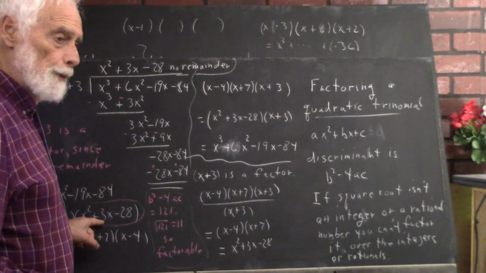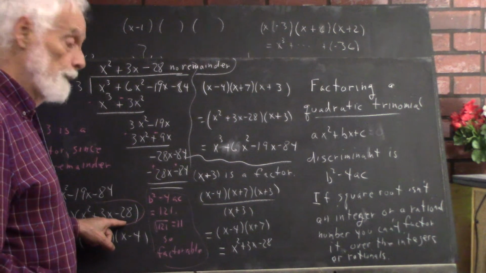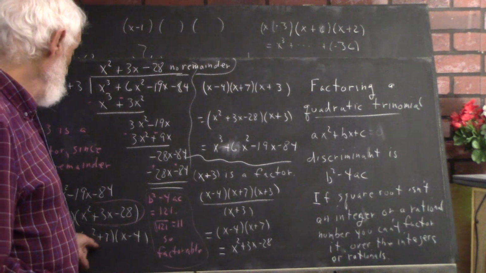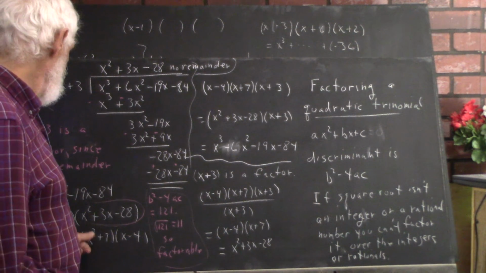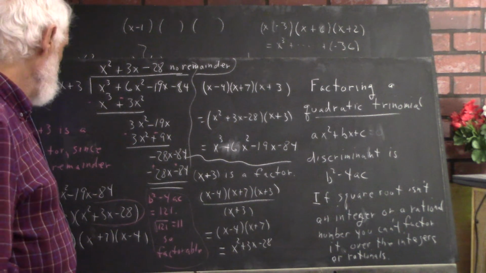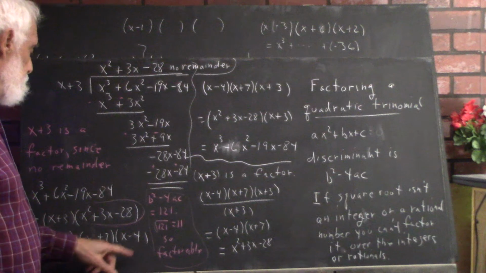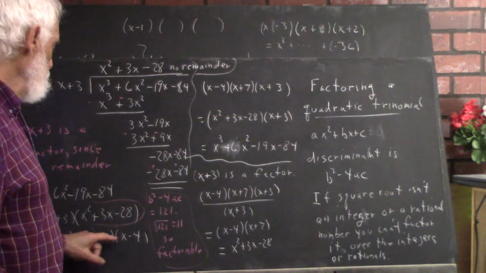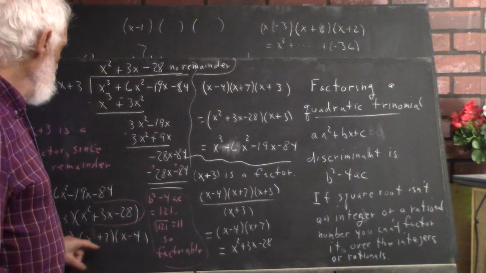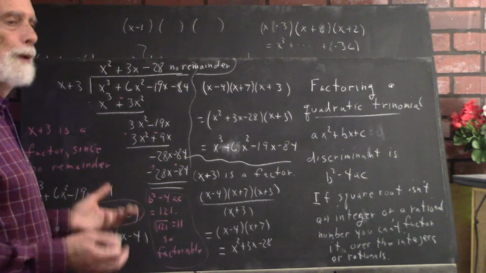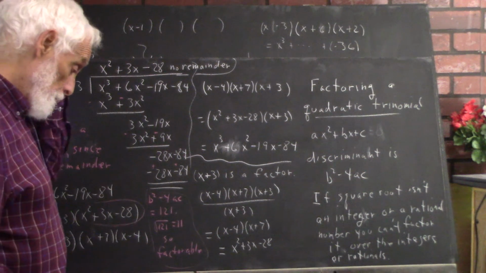You don't get the right number in front of x until you get to x plus 7 times x minus 4. And it's x plus 7, not x squared plus 7, times x minus 4. This works out. 7 times negative 4 gives you the negative 28. 7 times x and negative 4 times x gives you your 3 times x. So there's the familiar factoring of a trinomial.